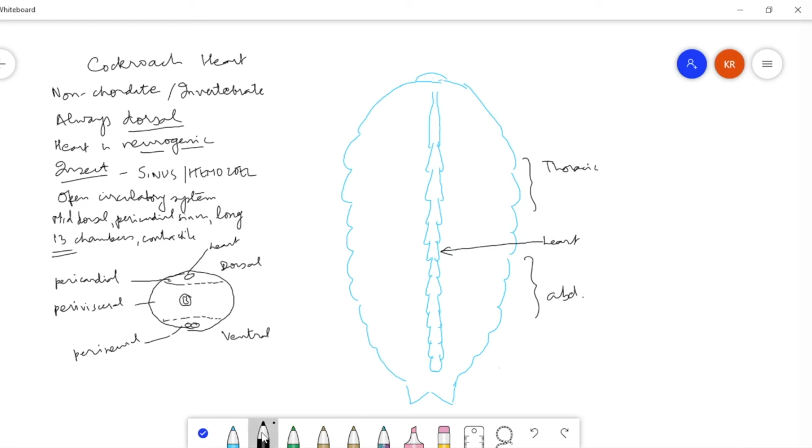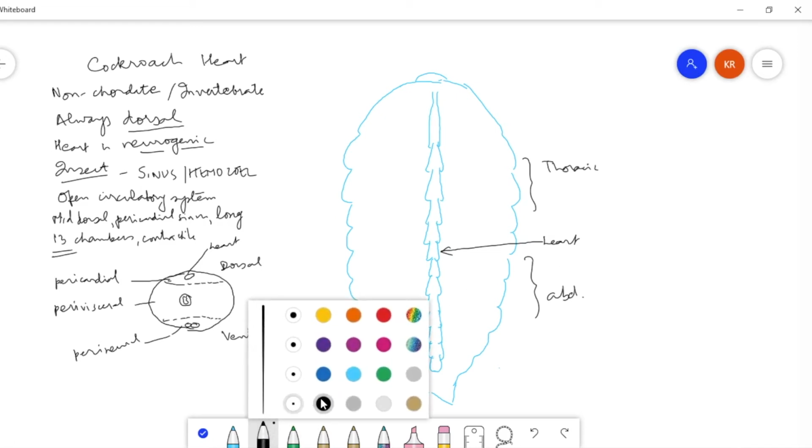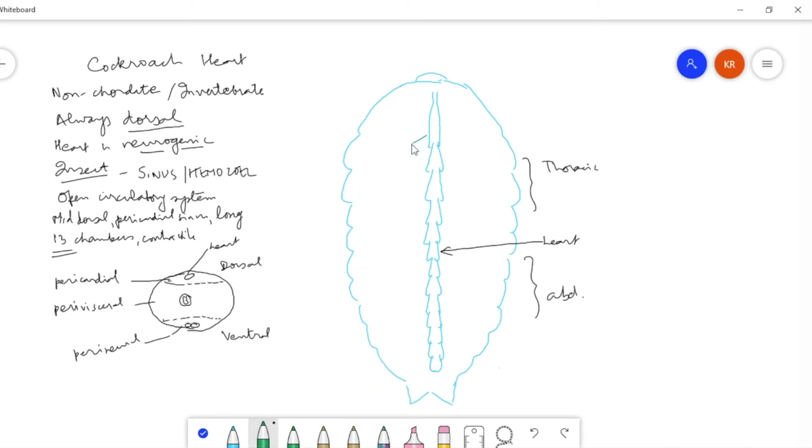Now this heart is supported by what we call alary muscles. So they are somewhat like this, triangular, holding the two different chambers.